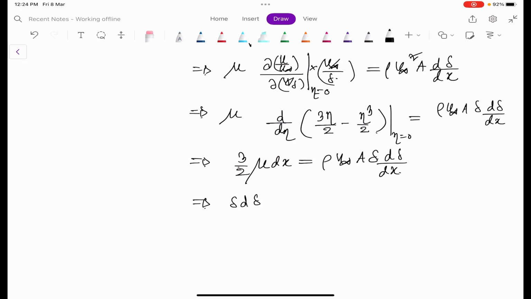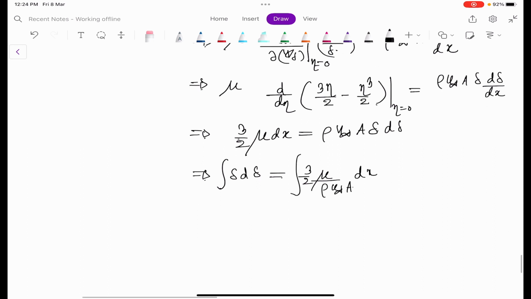Then you get delta d delta is equal to, this dx will not be there because I have taken this dx to the LHS. If you integrate this, this will be 3 by 2 mu by rho u infinity a dx.